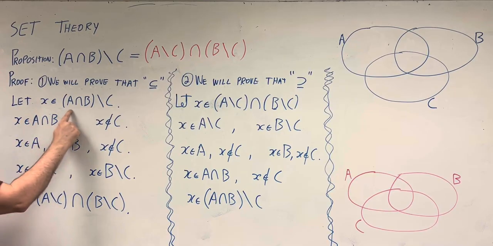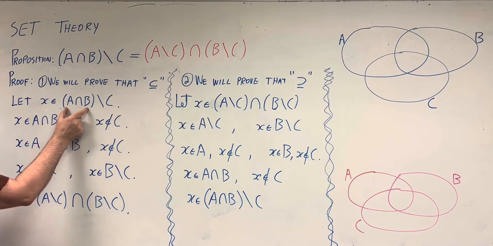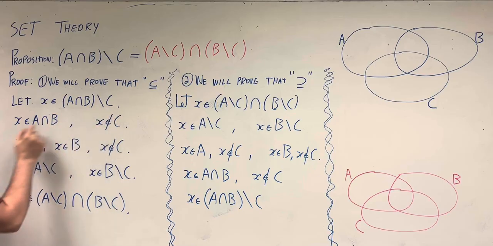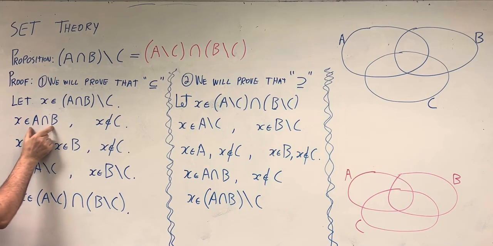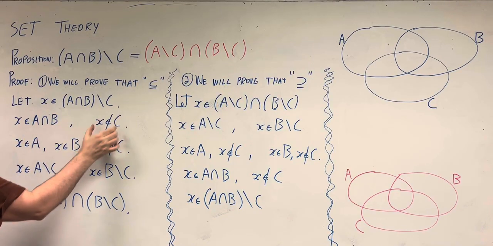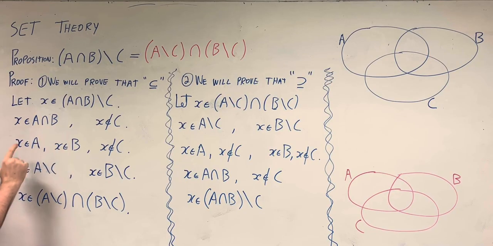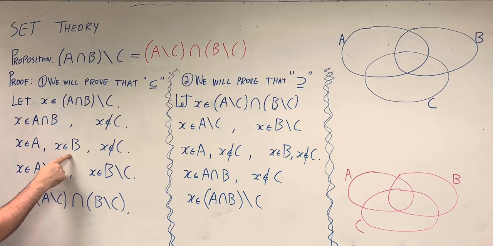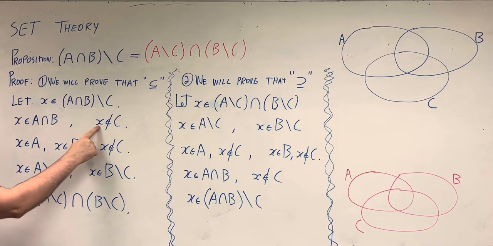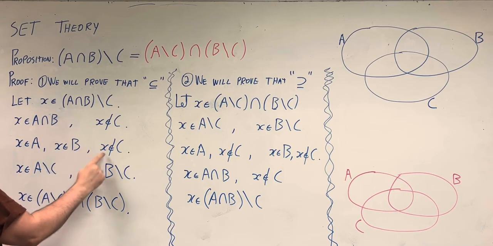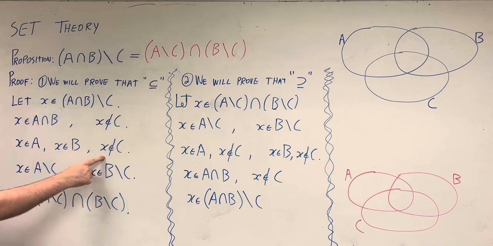So if x belongs to this set, it belongs to this set and does not belong to this. So x belongs to the intersection of A, B and does not belong to C. That's what this statement means. But when x belongs to A intersection B, that means that x belongs to both A and B. And here I'm just repeating that x does not belong to C. Okay?